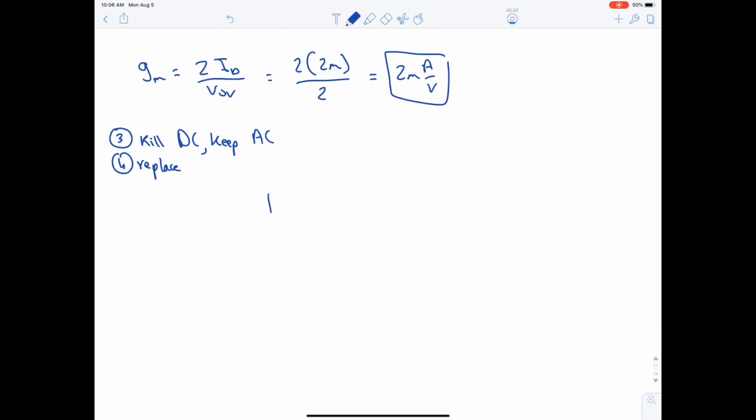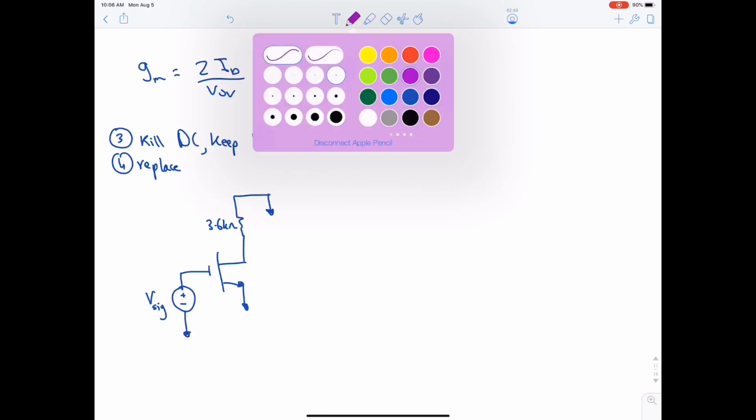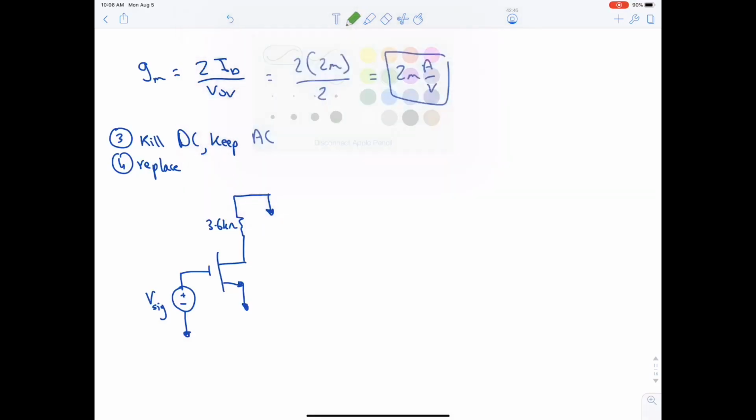So it will be as follows. Resistance of 3.6K, MOSFET, and here it's grounded, and we have only the AC source V sig. Okay, let's replace now. We need the small signal. How does the small signal look like?